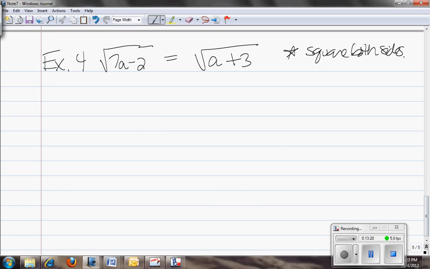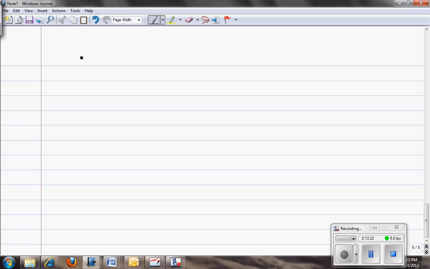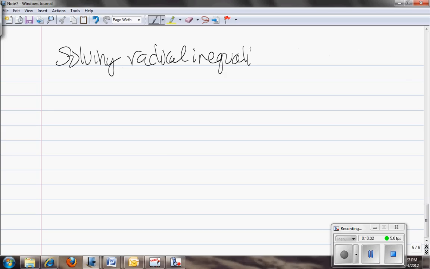All right. The last type that we're going to talk about today is solving radical inequalities. So you'd see an example like this.